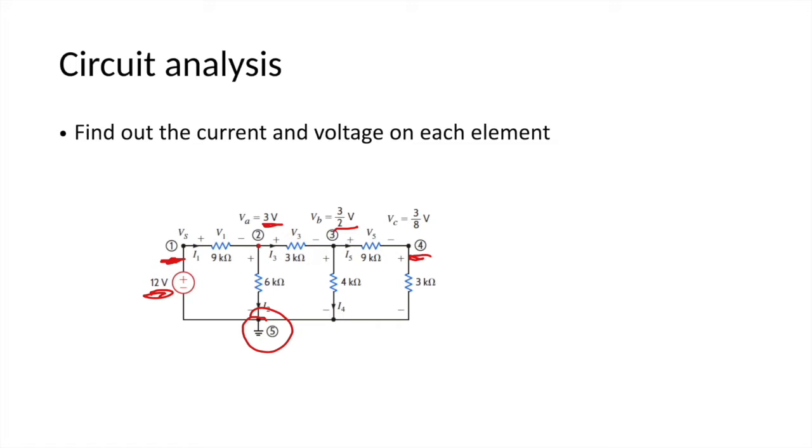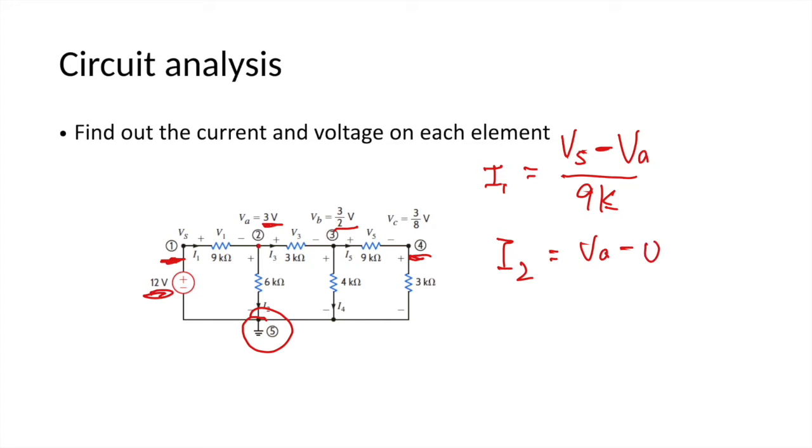For example, I1. It's obvious that I1 equals Vs minus Va over 9K. This is Ohm's law. And how about I2? I2 is Va minus 0 over 6K.